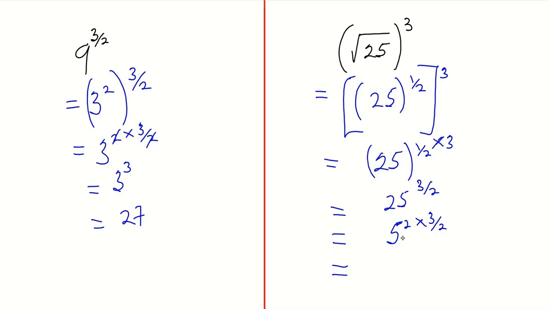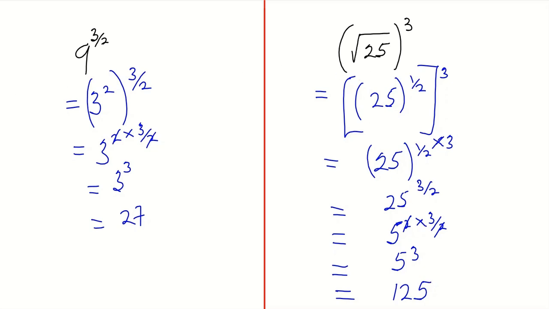We can see that this 2 will cancel that 2, and so we have 5 exponent 3. We know 5 exponent 3 to be the same as 125, and so we write our answer as such. Thus we have 125. And so we go to the next example.